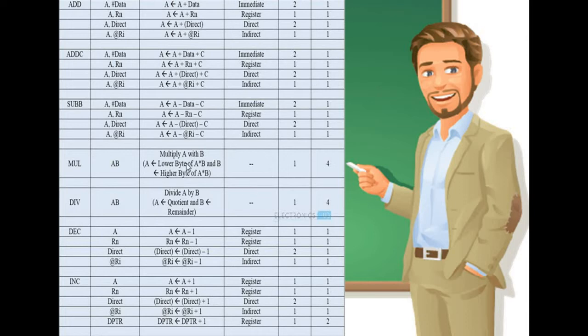The lower byte of A is multiplied by the lower byte of B, and the higher byte of A is multiplied by the higher byte of B.